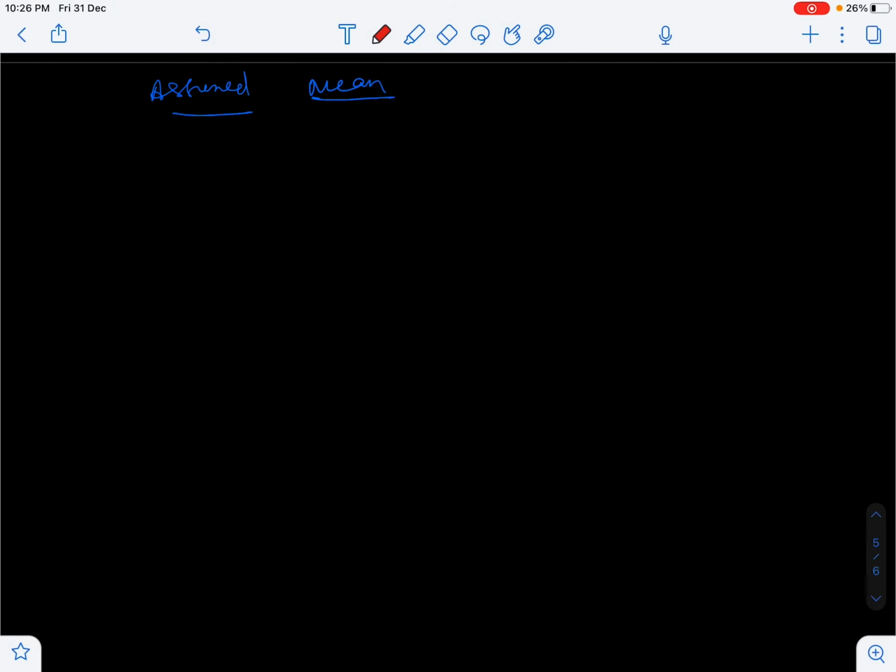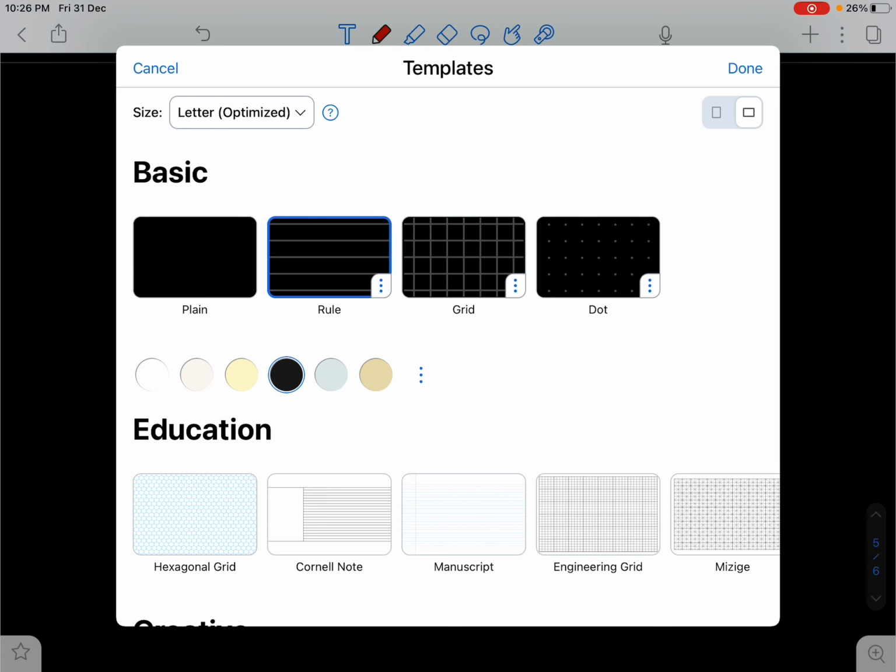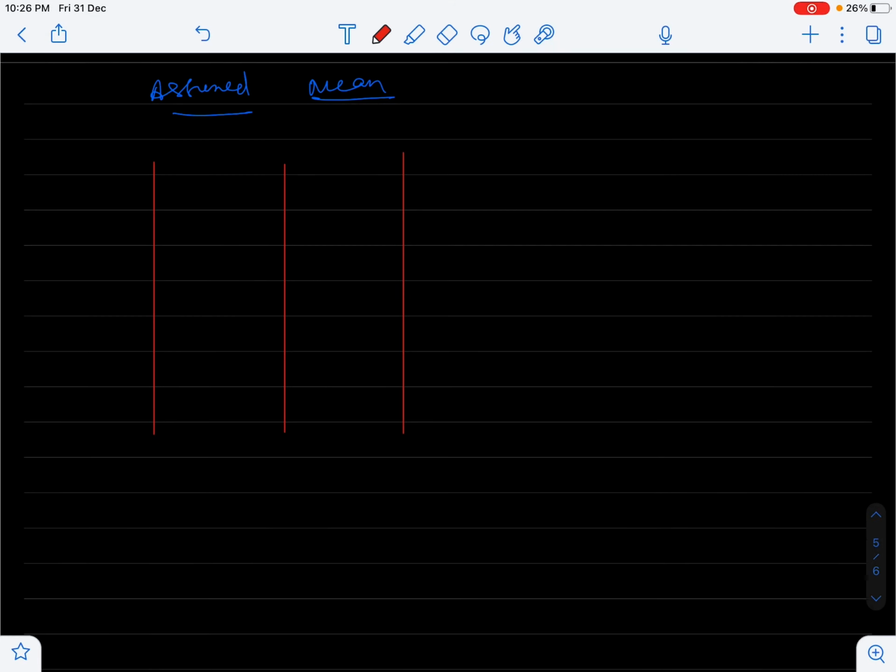The question is like this. Number of leaves, and here is number of plants. When the number of leaves is 5, there are 6 plants having 5 leaves.